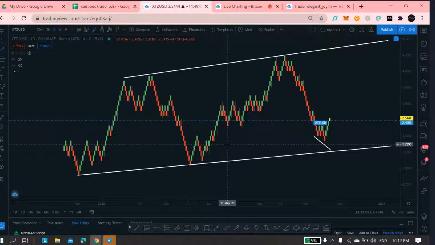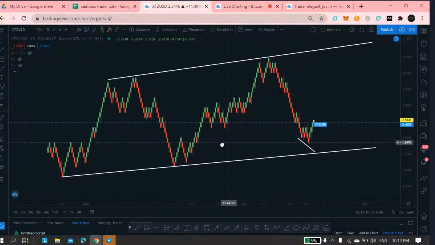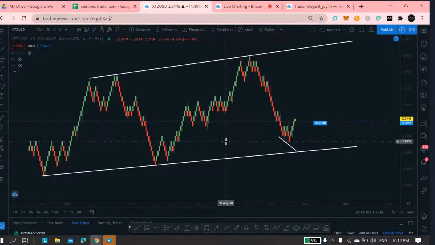So if the market reverses, I will only have two options: stop out at a gain, or my TP will hit. So both gain if ever. So that's also another strategy I'm using.